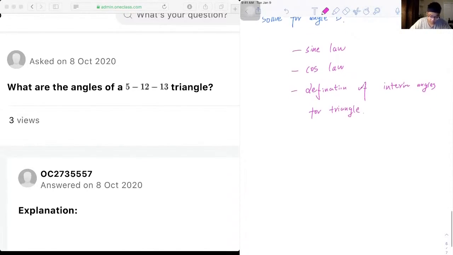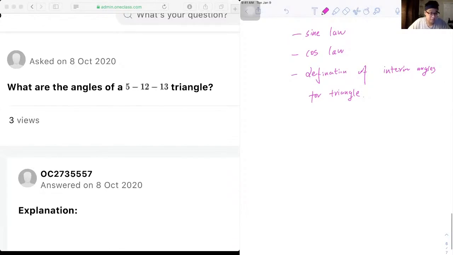I found that the third way is the easiest, so let's use this one.